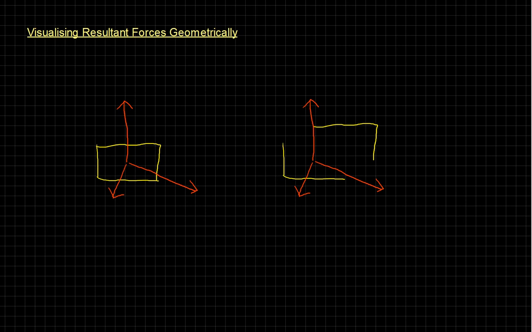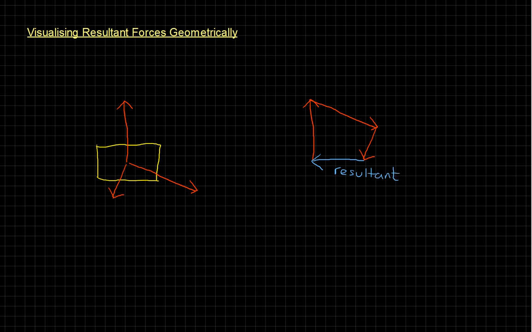I mainly just want the red arrows in this picture. So if I stick them together head to tail, I'm going to get a sort of gap. And the gap that remains, remember they've got to be head to tail, this is now my resultant force. That's my resultant.